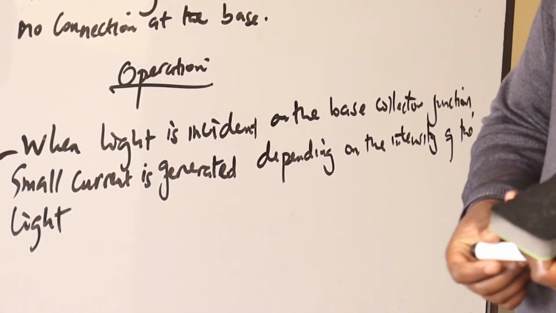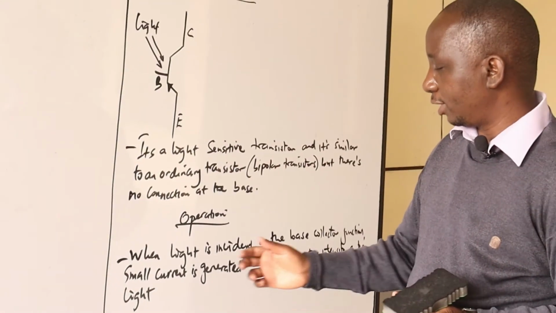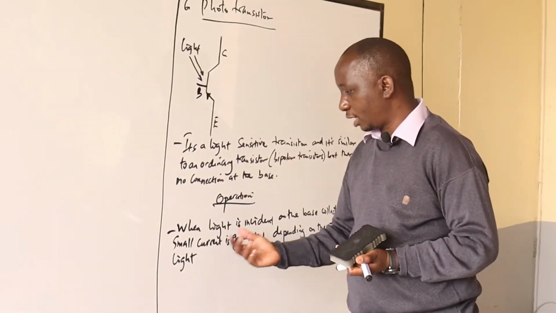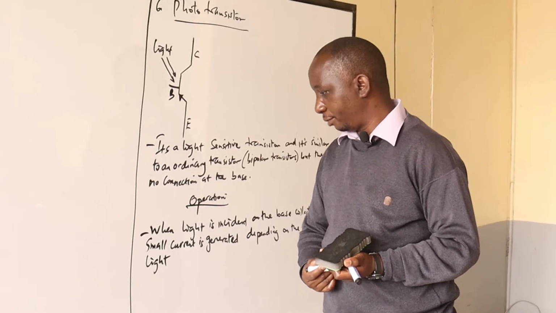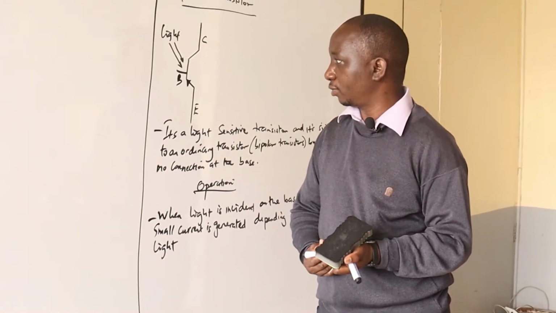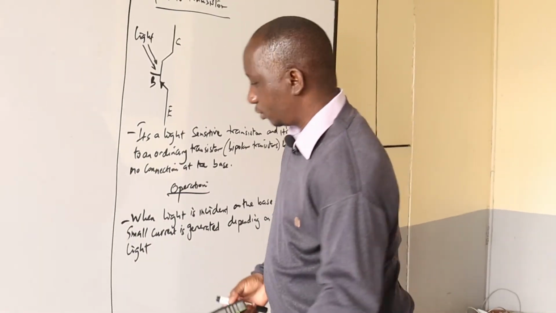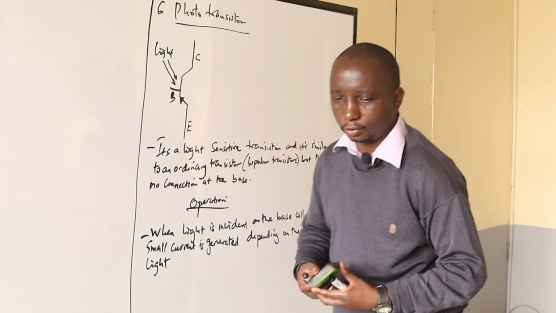Another thing you need to know is that when this current becomes great enough to overcome the barrier potential, or the potential required across the base-collector junction, the transistor is going to turn on.